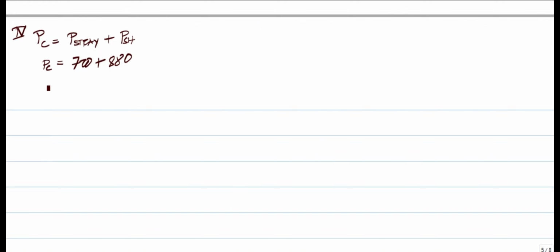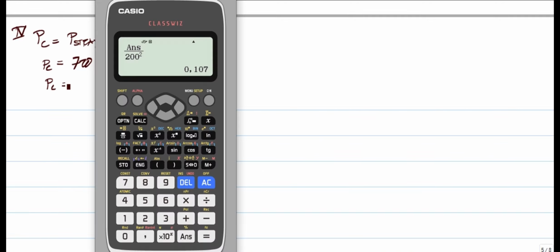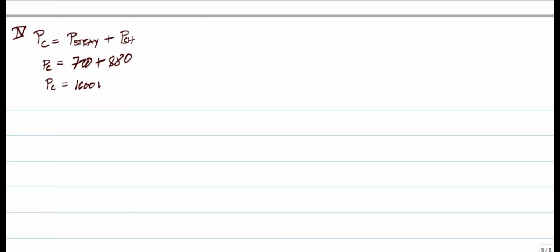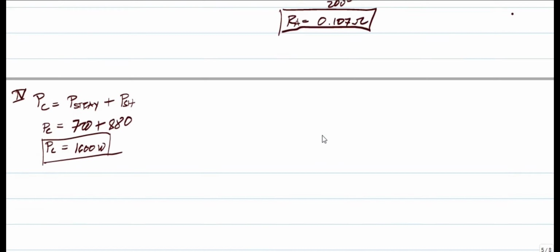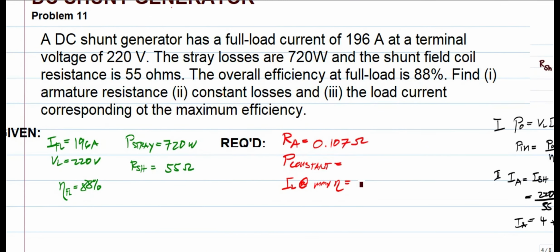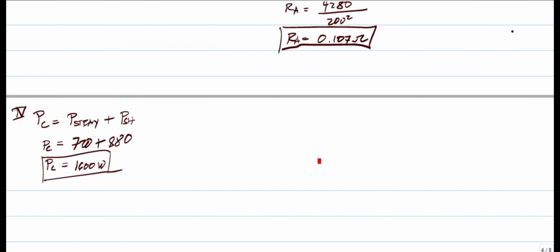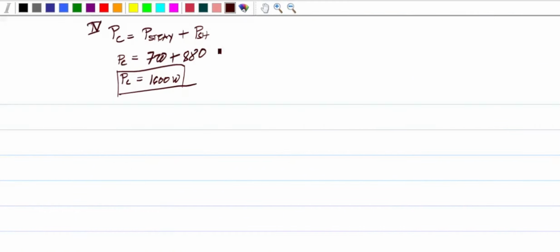So PC is equal to 1600 watts. And lastly, the load current IL is equal to IA minus ISH. Now we are going to find IA at maximum efficiency.